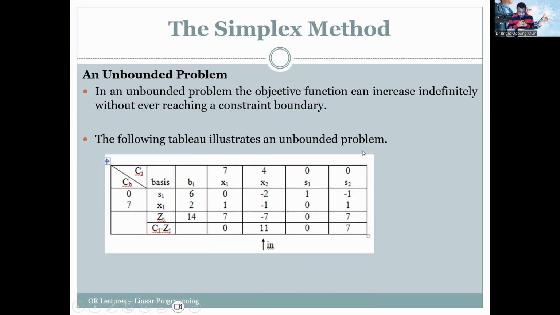So we have x2 entering into the basic solution, going to replace either s1 or x1, right? So for us to select from the non-basic solution, we surely have to say 6 divided by -2, which is the numbers in the pivot column.